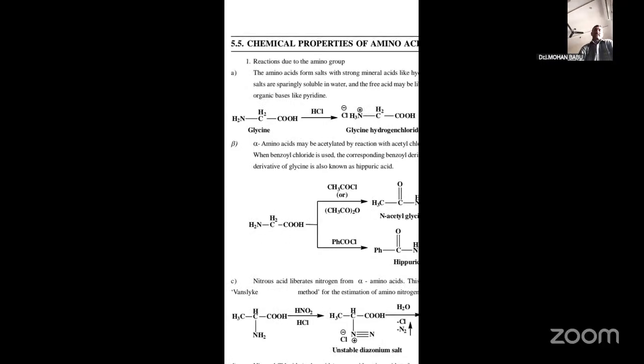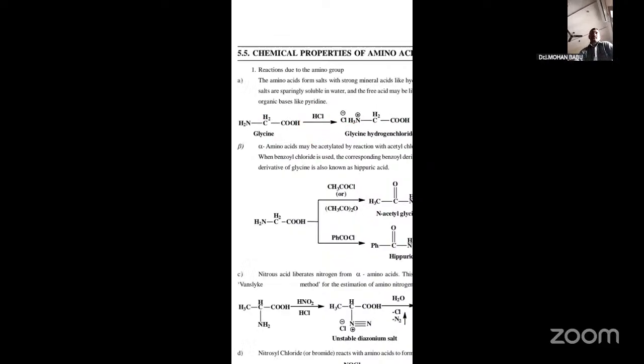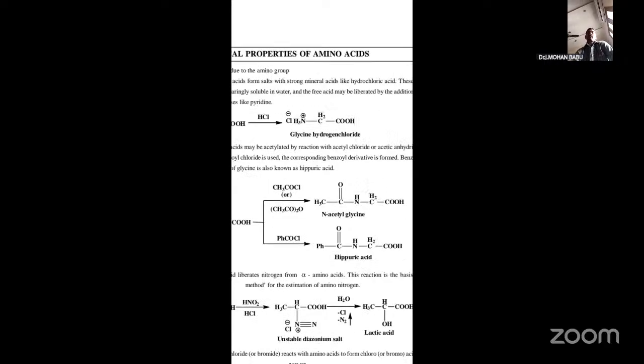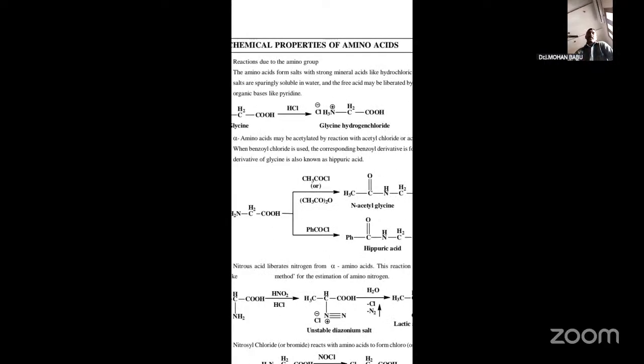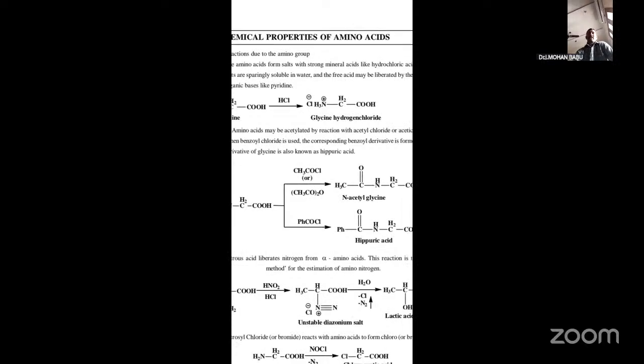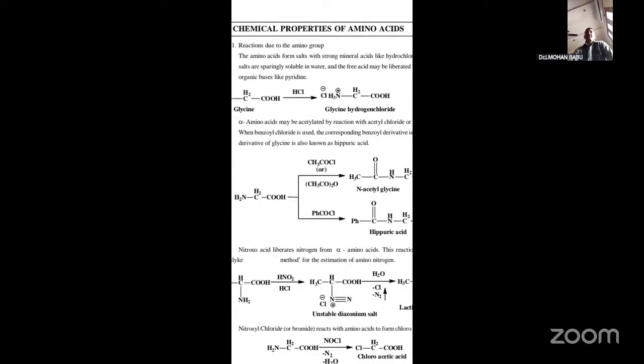If you take glycine and simply treat it with HCl, hydrogen chloride, the amino acid glycine is converted into glycine hydrochloride. It is salt formation, right? Generally it is in the salt form, so it is soluble in water.